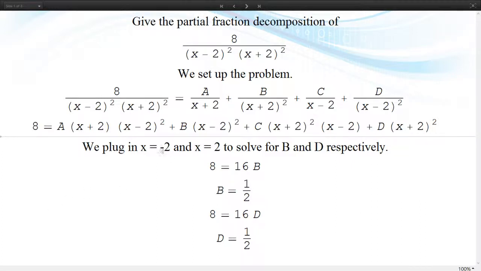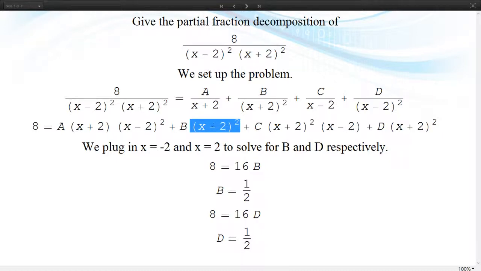If we have x is negative 2, that dies, so the a term dies, and this dies, so the c term dies, and the d term also dies. So all we're left with will be b. So when we plug in negative 2, we get 8 equals negative 2 minus 2 is 4, squared is positive 16.